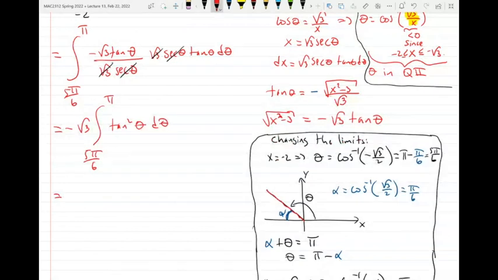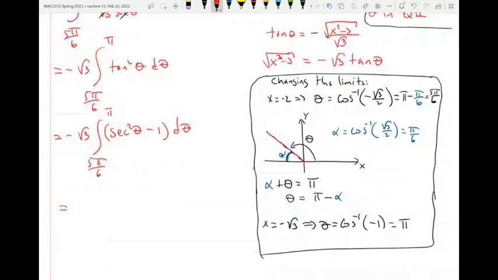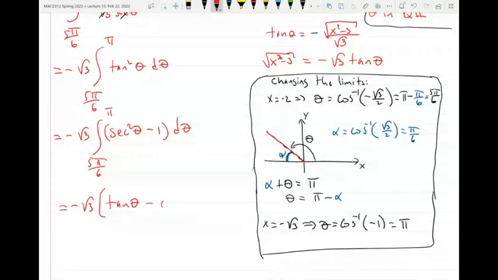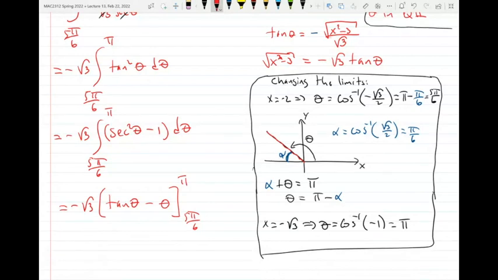That's a technique when you have an even power of tangent. So we rewrite this as secant squared minus 1. And now we can easily integrate. The integral of secant squared is tangent, the integral of 1 is theta. And then we plug in our limits.